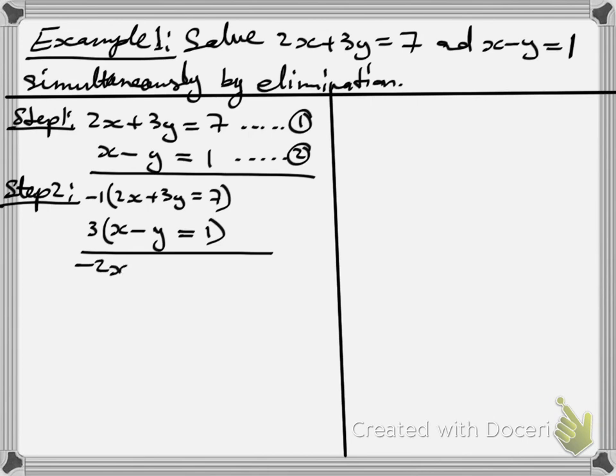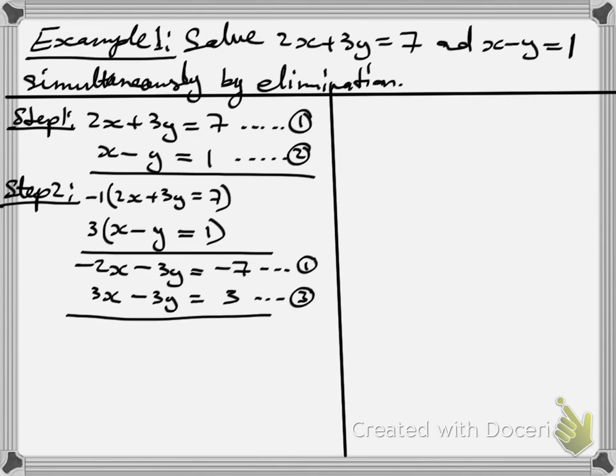The first equation becomes -2x minus 3y is equal to -7. The second equation becomes 3x minus 3y is equal to 3. Remember, this is equation number 1 and equation number 2. Right, moving on. Now I subtract equation number 2 from equation number 1.